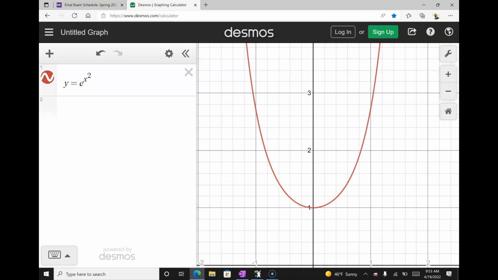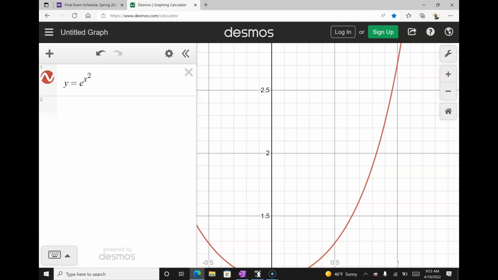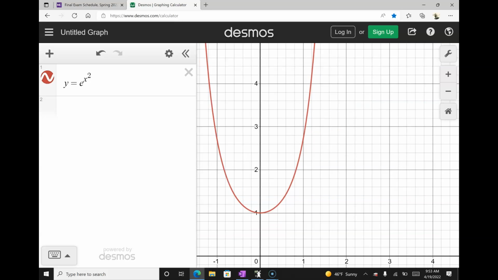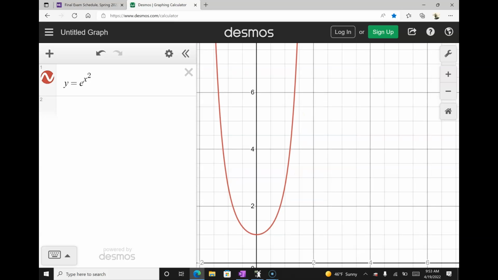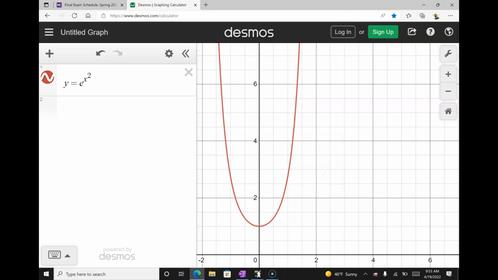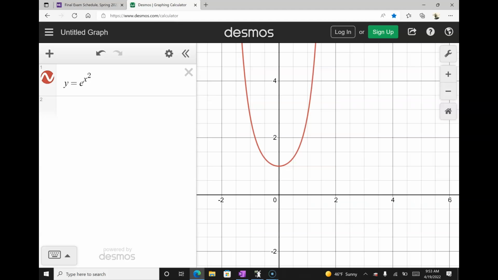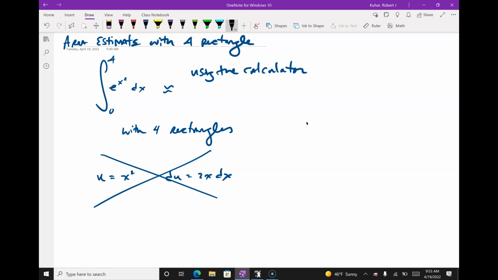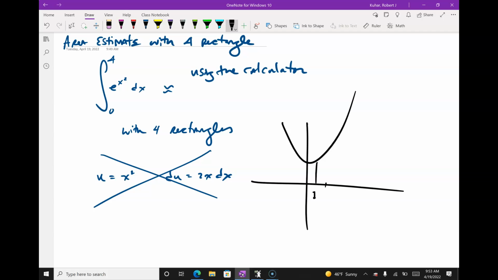And I guess it's a little unfair that I said from 0 to 4, because it's pretty high at 4. It's still doable, right? But you get the idea, right? 1, 2, 3, 4. We're getting those areas, yes?